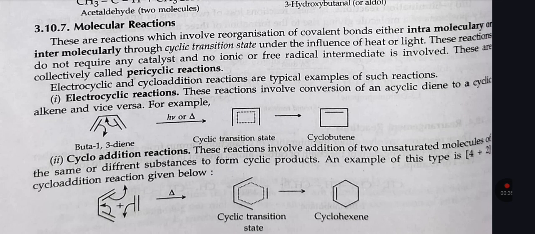First, electrocyclic reaction. These reactions involve conversion of an acyclic diene to a cyclic alkene and vice versa. For example, buta-1,3-diene in the presence of sunlight or heat will give a cyclic transition state, which will further give cyclobutene. Cycloaddition reaction.